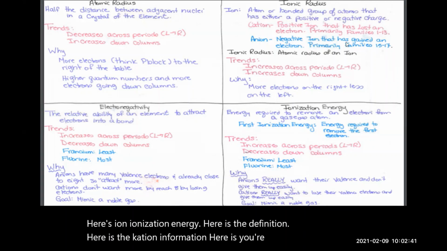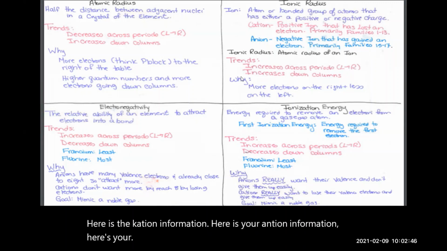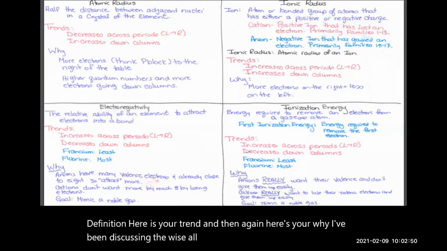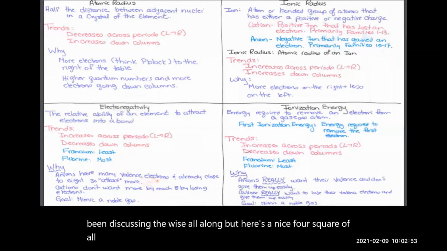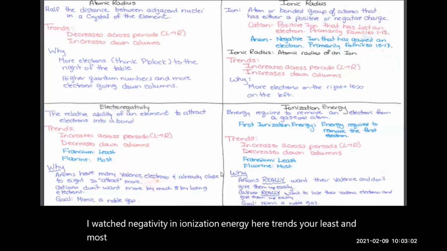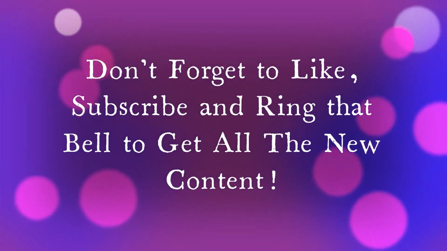Here's your anion information. Here's your definition, here's your trend, and then again, here's your why. I've been discussing the whys all along, but here's a nice four square of all that information in one piece. Electronegativity and ionization energy, your trends, your least and most, and your whys down here. That is the big information on periodic trends. Any questions?